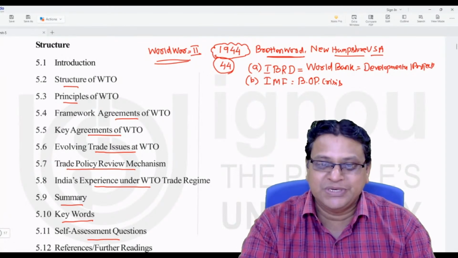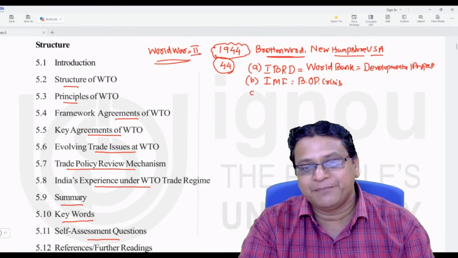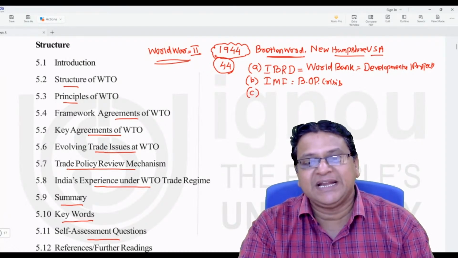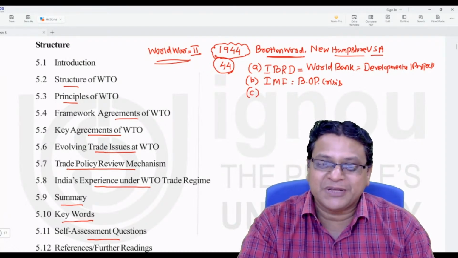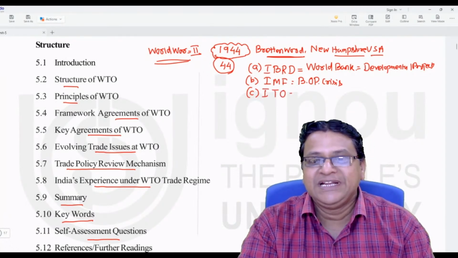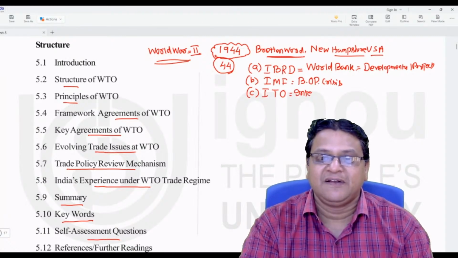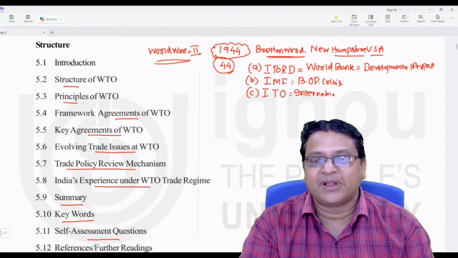Apart from these two institutions, these 44 countries decided to set up one particular organization. That organization is known as ITO, International Trade Organization.